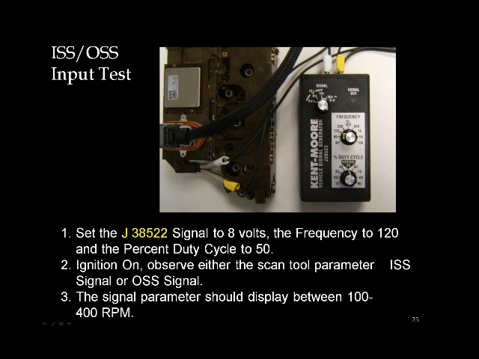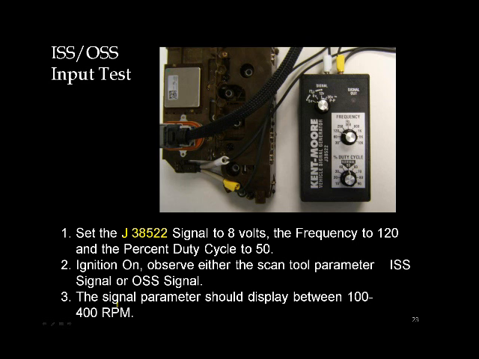We set it at 120 hertz. We set it at 50% duty cycle, and we're setting this thing at an 8-volt square wave. So as I flip it to the 8-volt square wave itself, 50% duty cycle, 120 hertz, when you have your scan tool hooked up via the jumper harness, as you can see here, you should read somewhere between 100 and 400 RPMs on your scan tool.